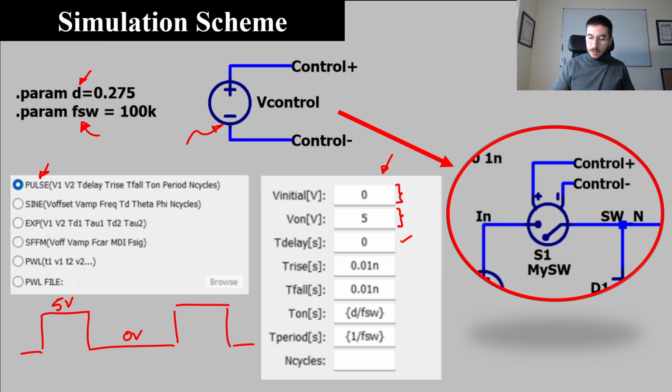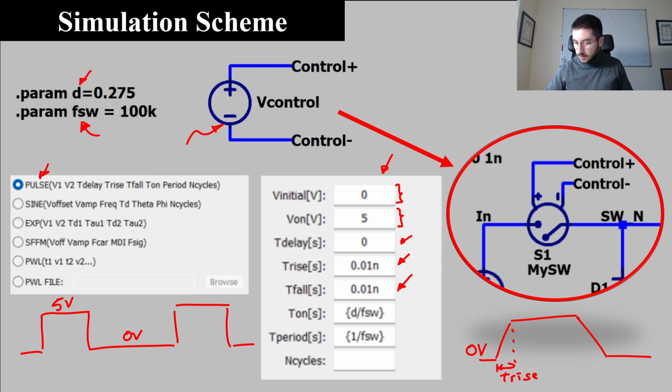We can put 0. Rising time and falling time, ideally we want 0, but in LTspice if we put 0, we are going to have problems. So basically this is the rise time, and this is the fall time. Here we have 0, here we have 5, 0.